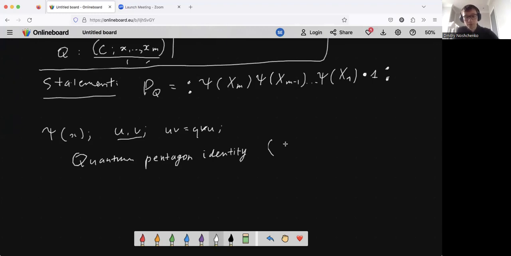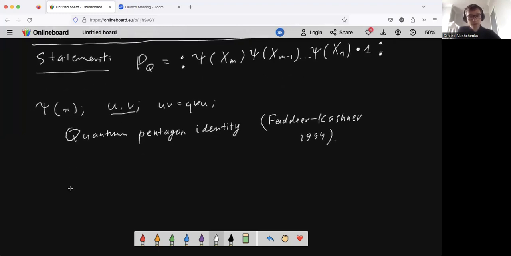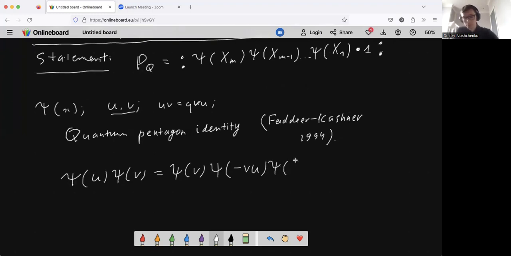This has been proven by Faddeev and Kashaev in 1994. In fact, this identity has an interesting relation with quantum integrable systems. The identity reads: psi of u, psi of v equals psi of v, psi of minus v times u, psi of u.